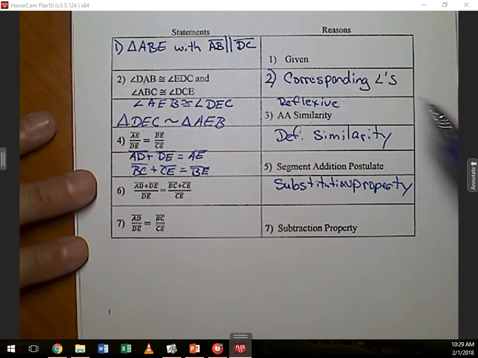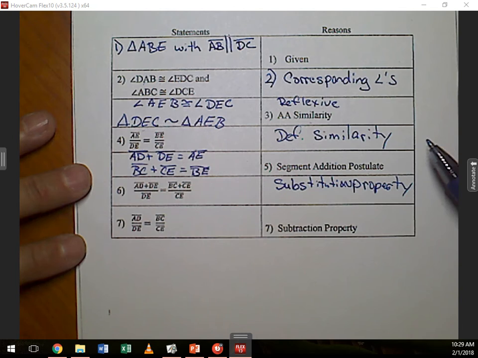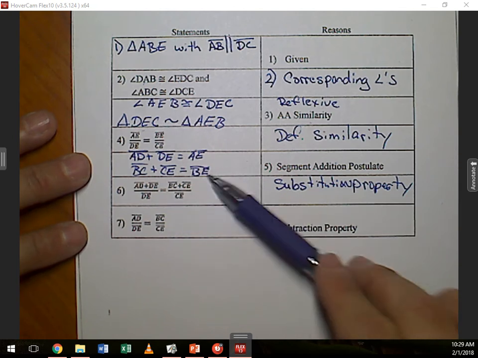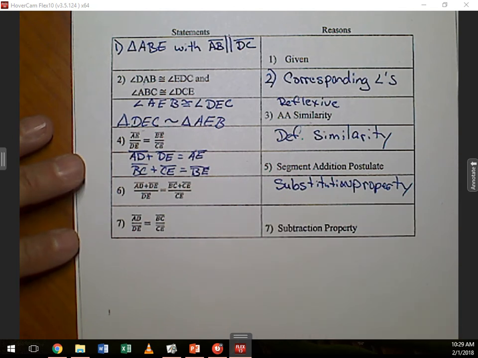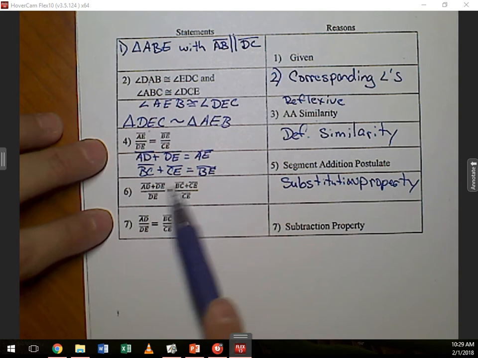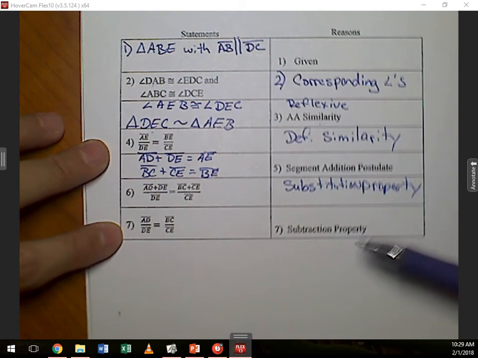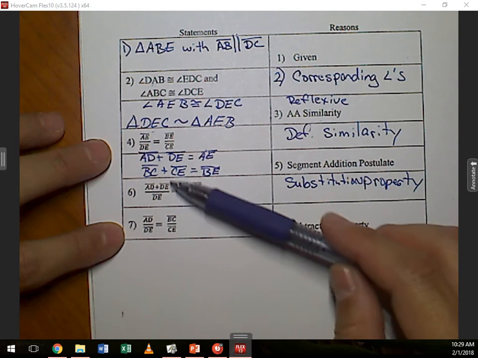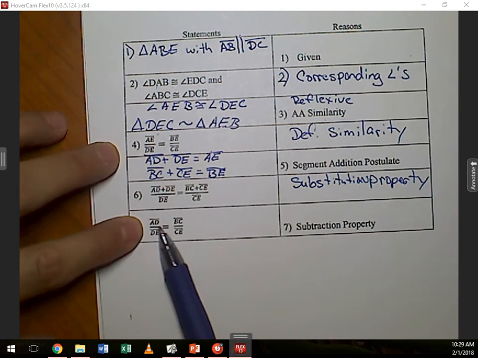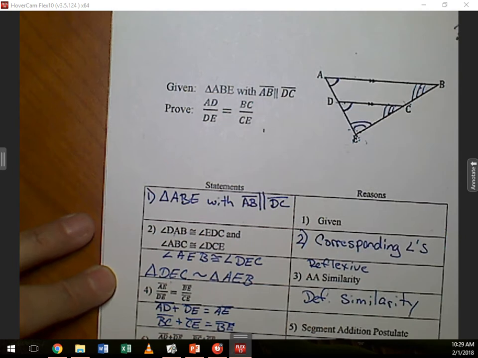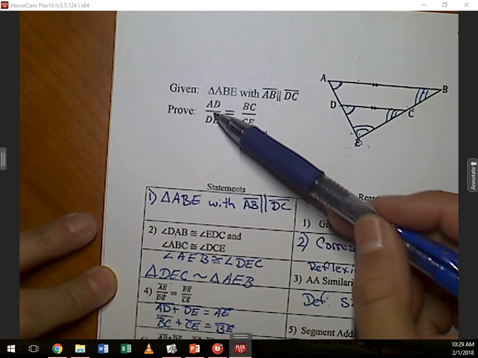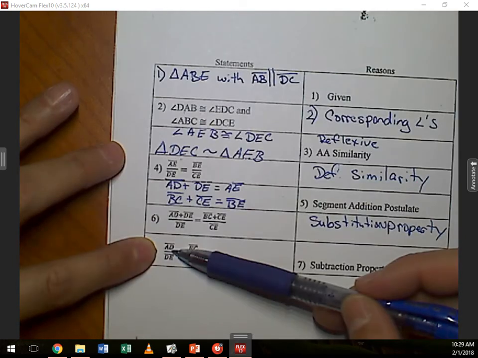Okay, so now from there, what are we going to end up doing here? So what did I do to go from here to here? Just subtraction property. So they're able to get AD, which is what I was trying to prove here, from the very top, AD over DE, which I got here, BC over CE.